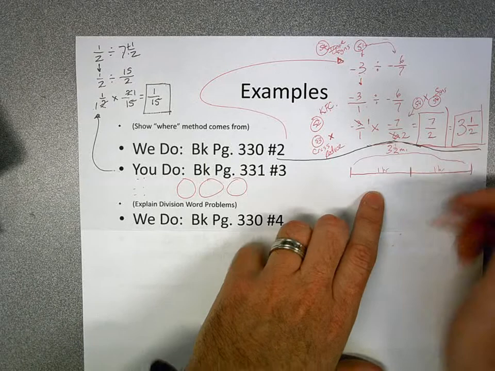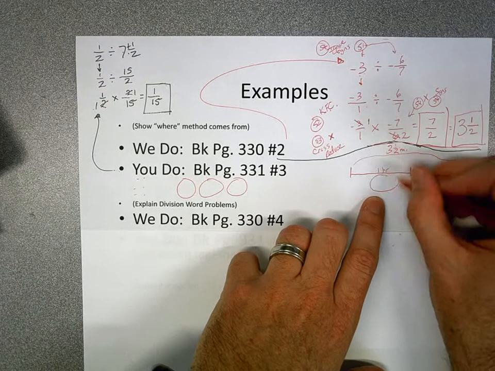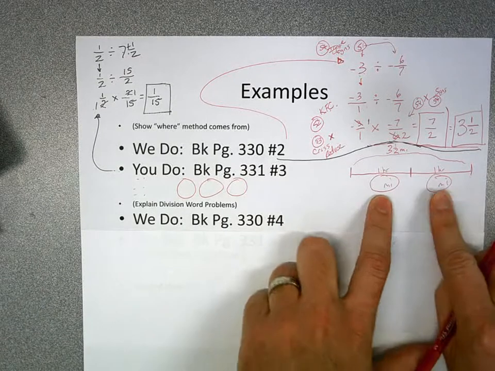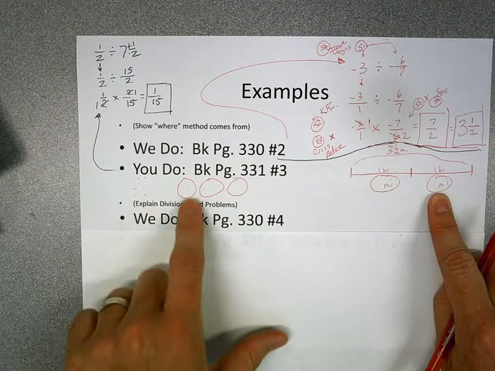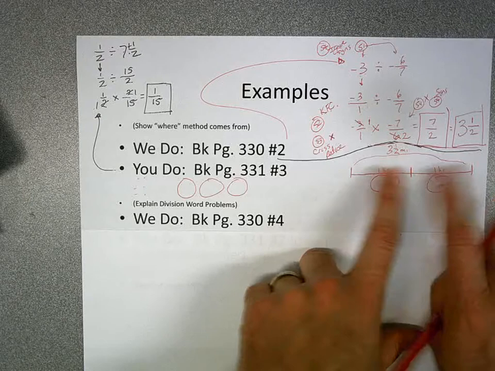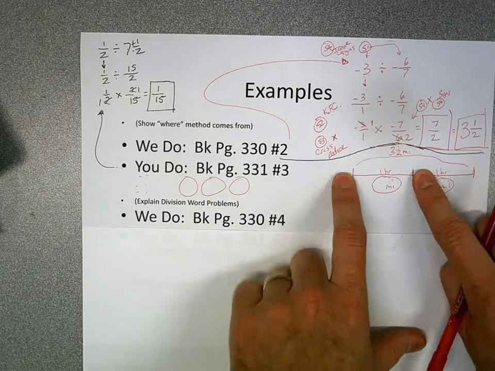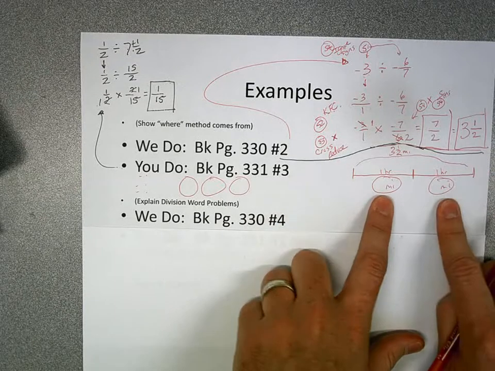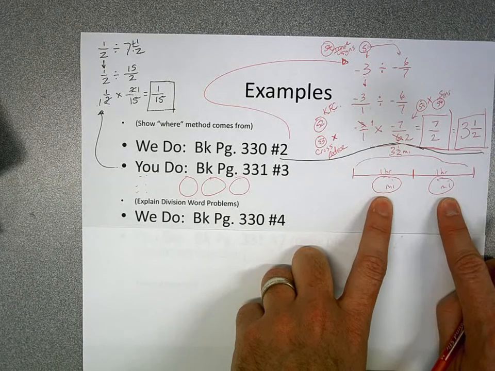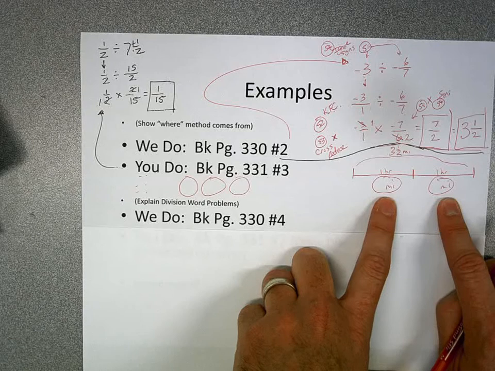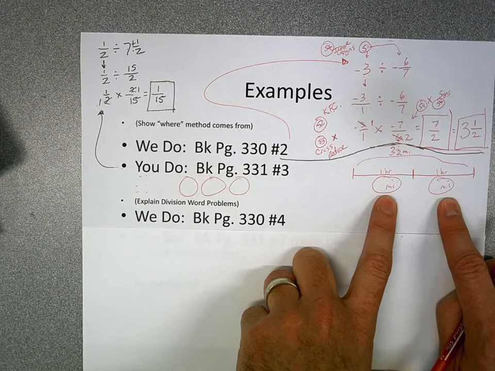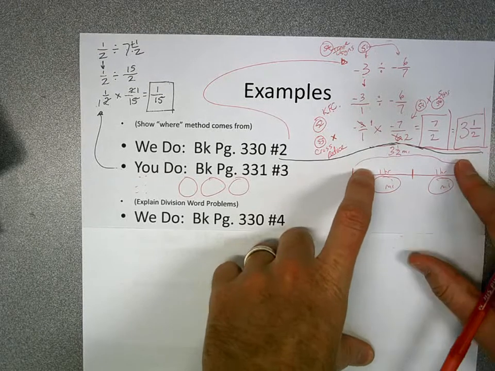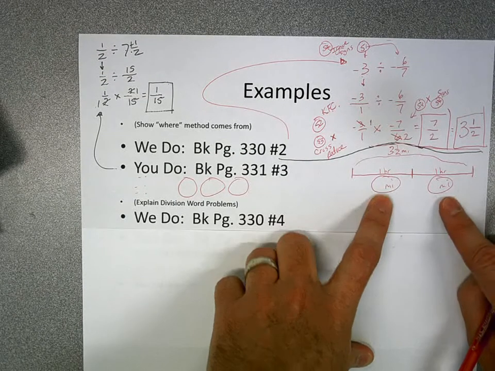Guess what that's asking, guys? It's asking, how many miles did she walk per hour? In this case, it's like saying, how many marbles fit in each group? They gave you the total. They are splitting it up into groups of time, 2 different hours. How many miles did she walk per hour? Meaning, what's the size of each hour? This is division. They gave you the total and the number of groups. Now they want to know the size of the groups.